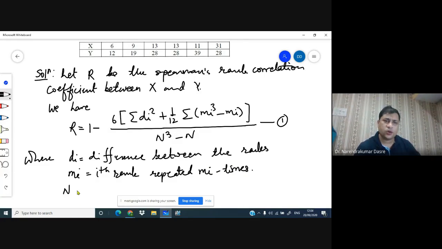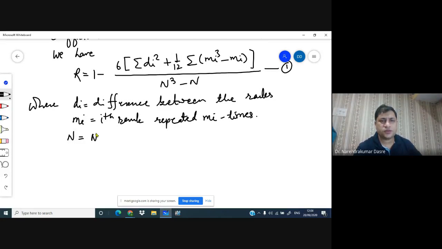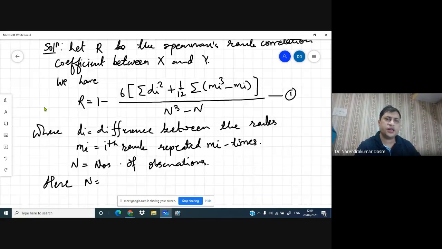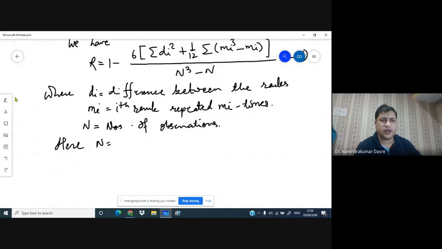And what is n? n is the number of observations. For this example, how many observations are given? You can see there are 6 observations given. So we have n is equal to 6.